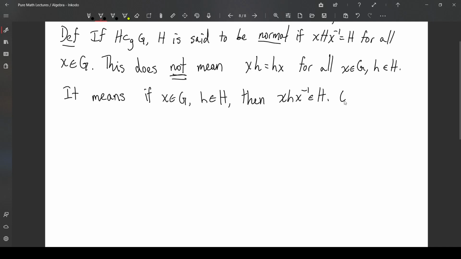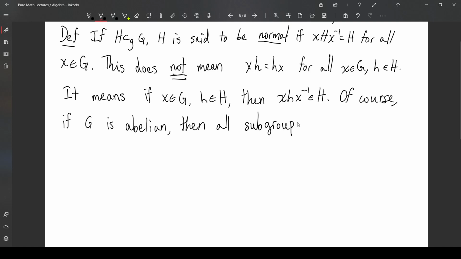Of course, if G is abelian or a commutative group, then all subgroups are normal.